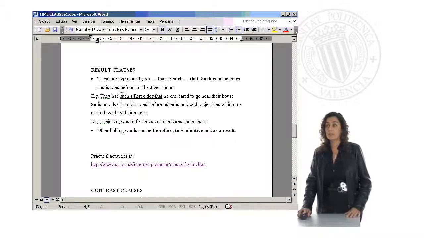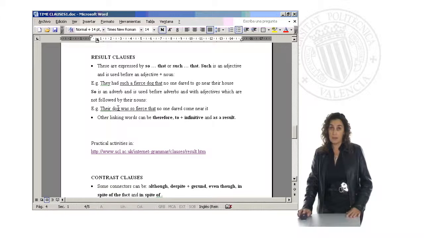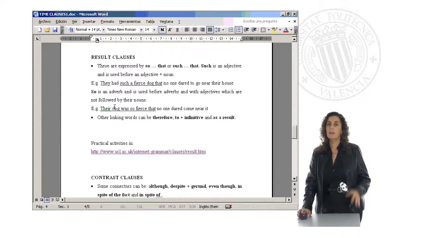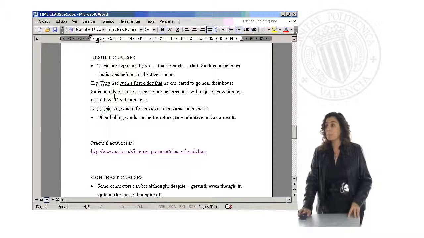Notice this structure here with the adjective and the noun. So with an adverb, so is used before adverbs and with adjectives which are not followed by their nouns. With these conjunctions, it's really important that you remember their characteristics and the way you can use them, right? Their dog was so fierce that no one dared come near it.